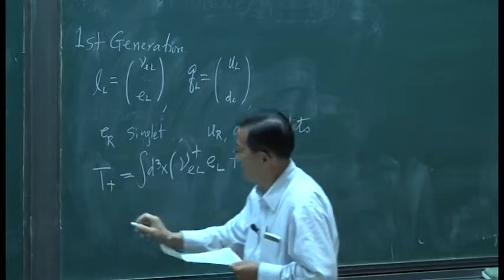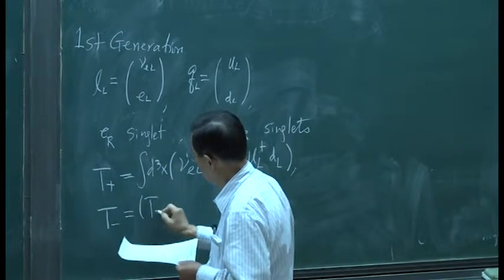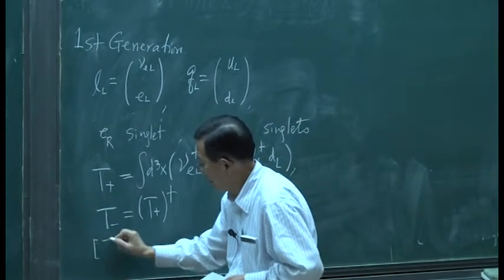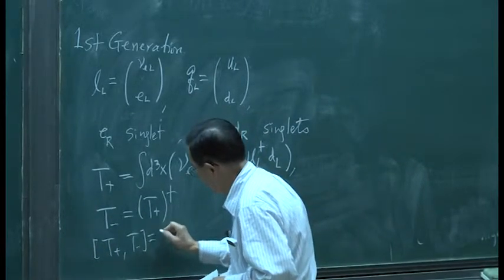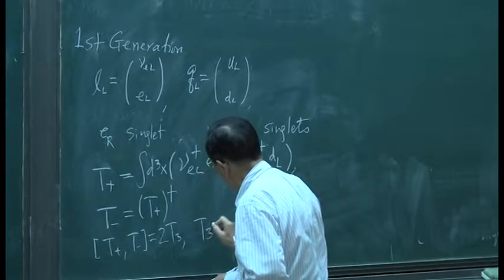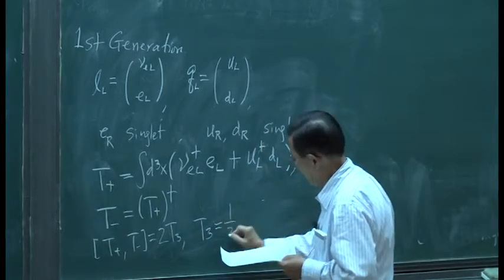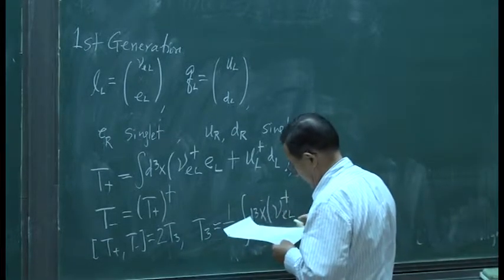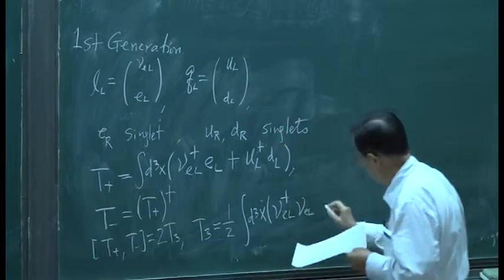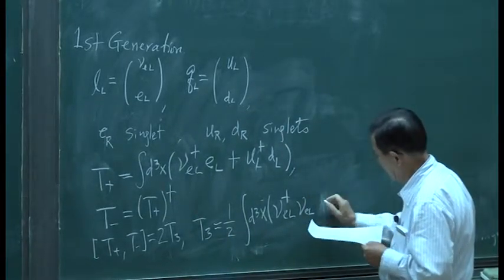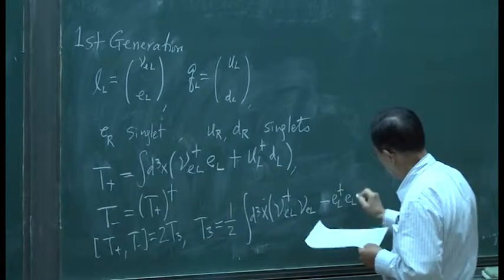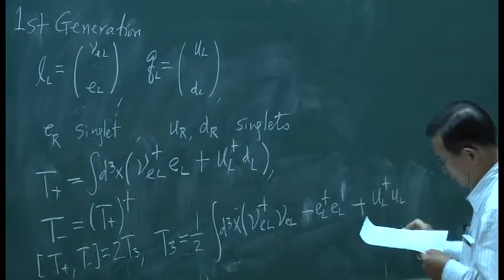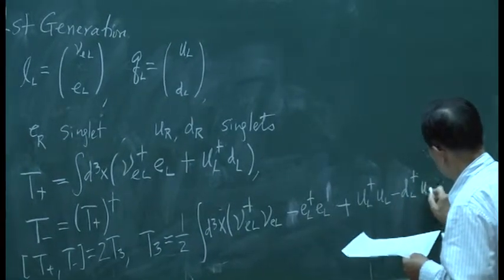And then the T minus will be equal to T plus, emission conjugate, and then you can commute using just T plus, T minus equal to 2T3, so T3 becomes 1/2 T3x neutrino, and then I have electron dependent, and then plus the quark contribution, plus DL plus DL.